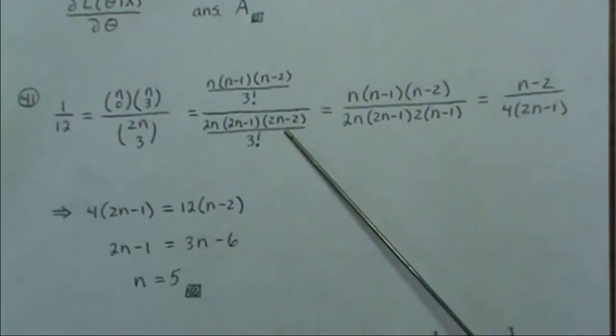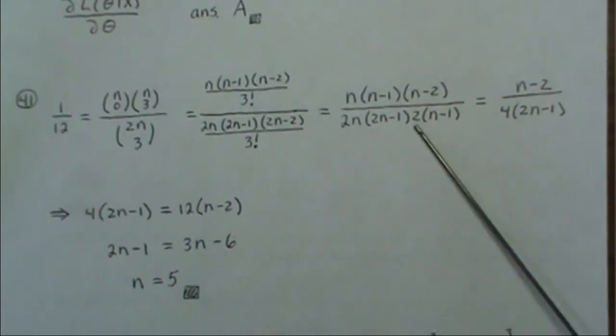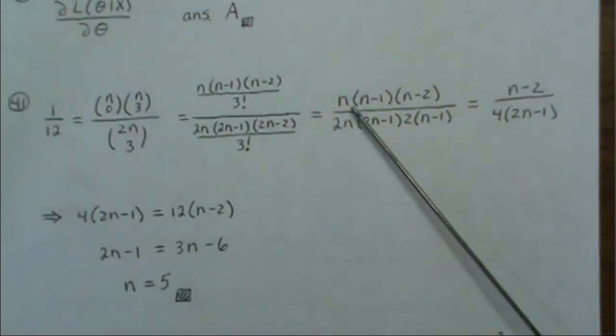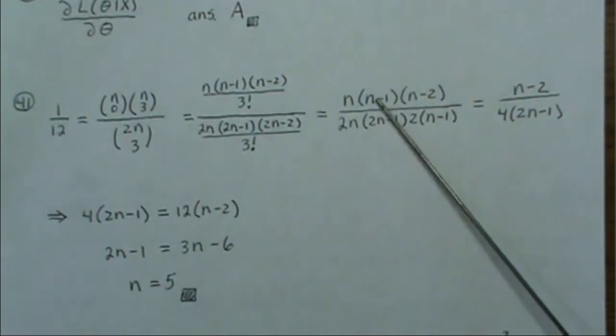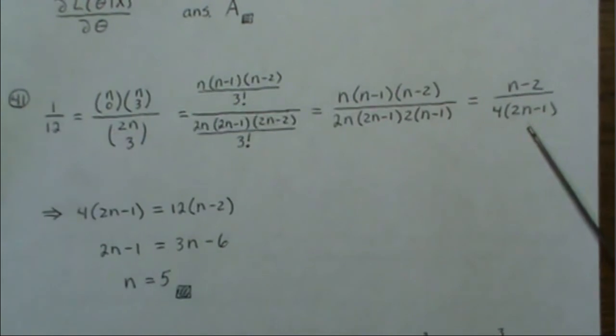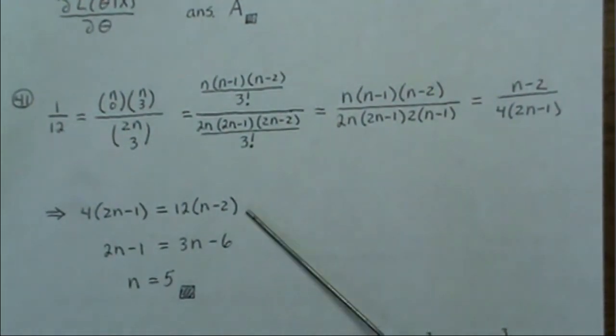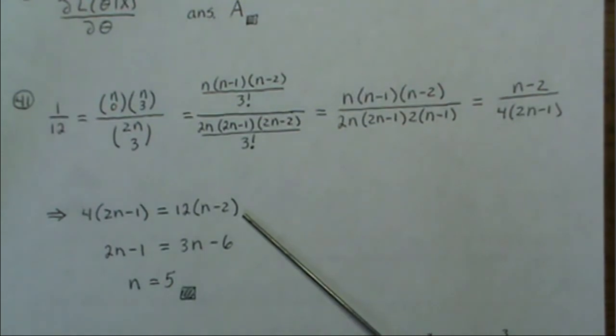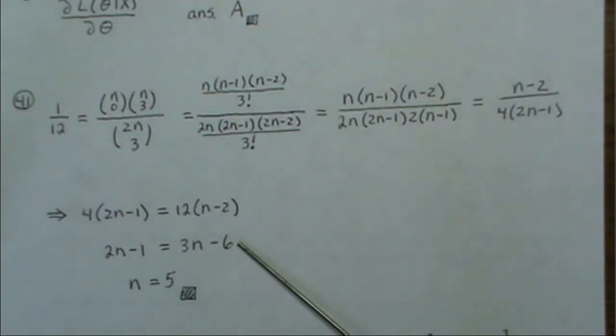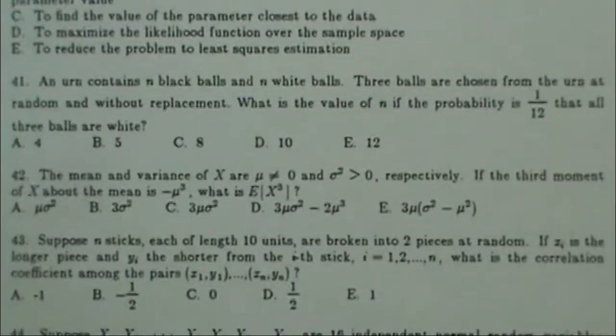And then the denominator, I factor out a 2 right here. And we do that so the n's cancel, and it equals this. Now, if we cross multiply those 2 expressions, it comes down to this, simplifies to this, and n is equal to 5.